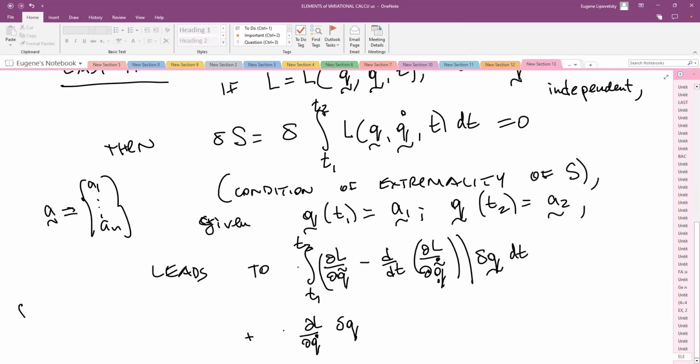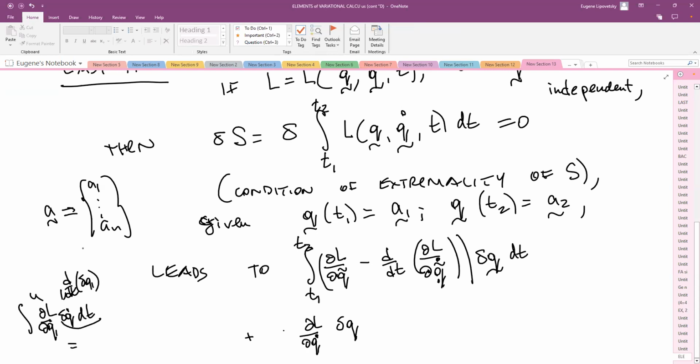You write it down. Integral of dL over dQ dot times delta Q dot, which is d over dt of delta Q, dt, would be, this one was differential, and this is u, and that's dv.